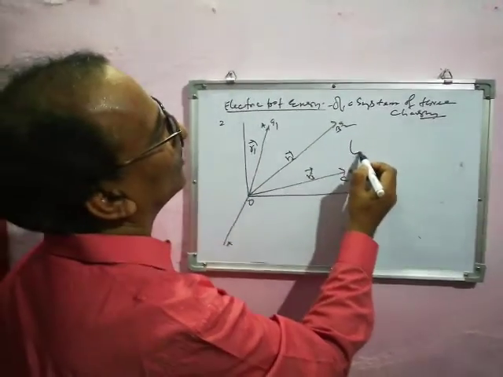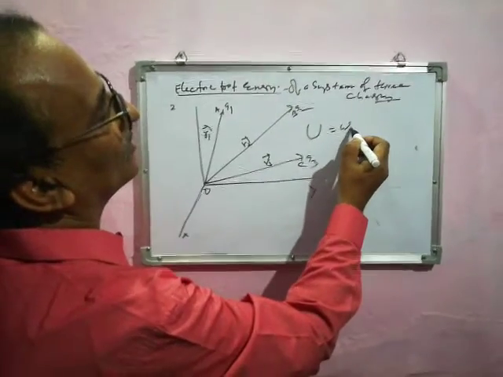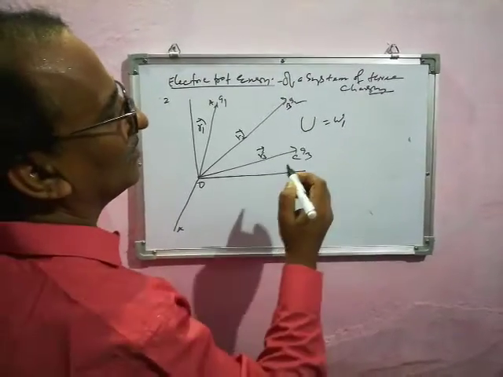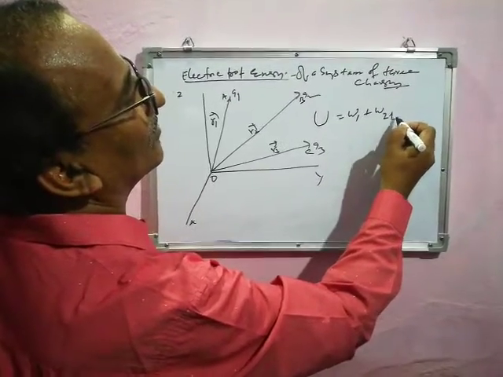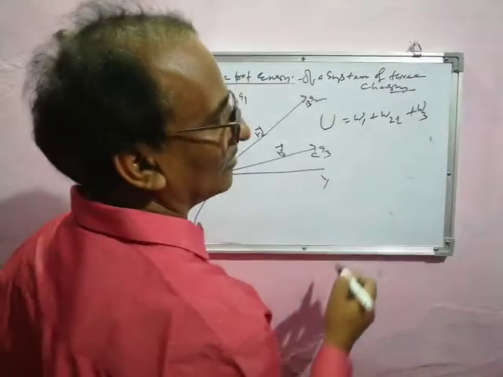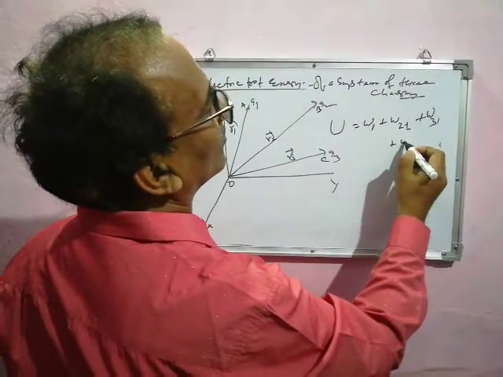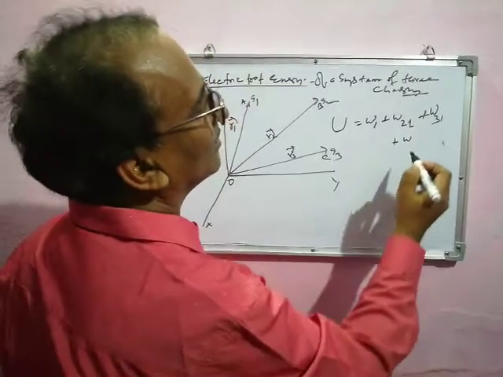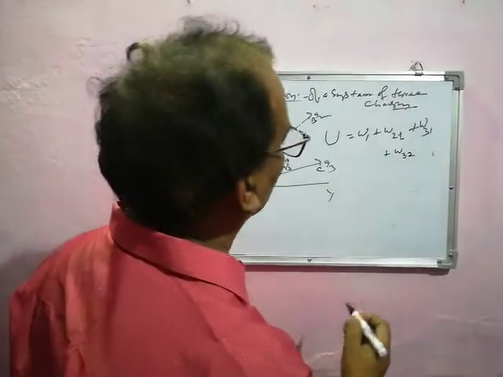So if U is the potential energy, it will be equal to the work done in bringing the first charge, plus the work done in bringing charge 2 in the presence of the first, and the work done in bringing charge 3 in the presence of 1, and work also has to be done in bringing charge 3 due to the presence of charge 2.